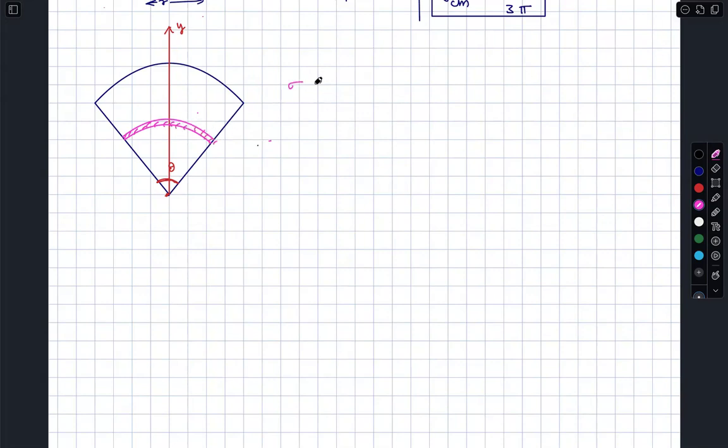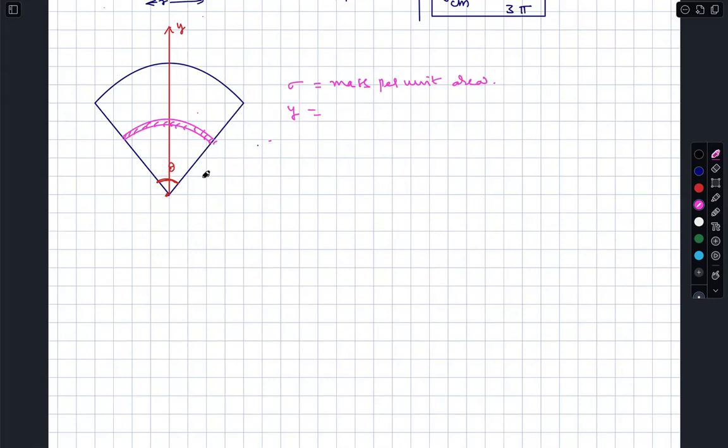I'll tell you about a term called sigma: mass per unit area.